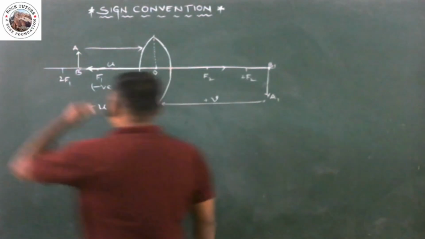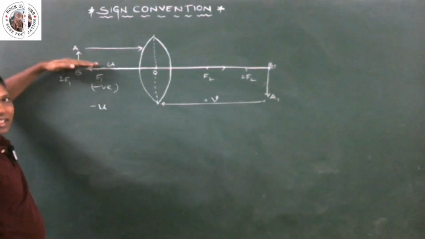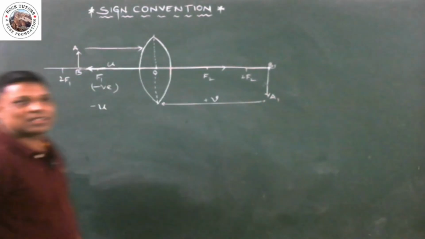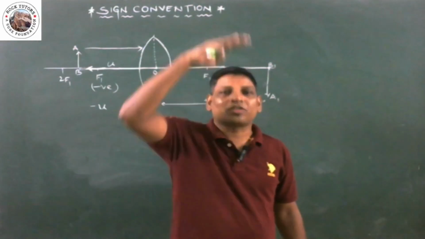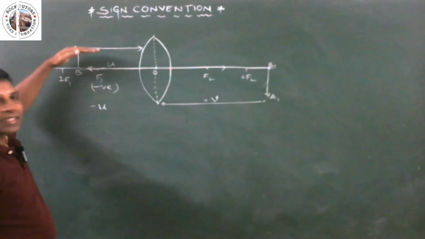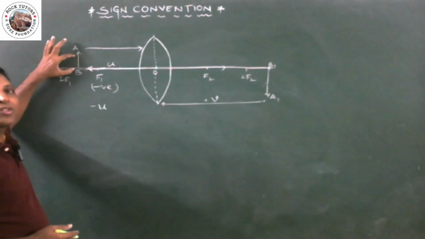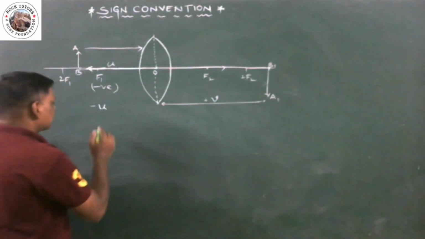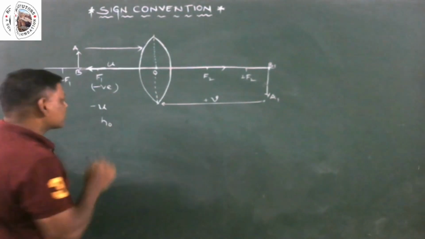Here this is above the principal axis, meaning above the x-axis, which is always positive. So above the principal axis I will take it as positive. I will take this as HO, the height of the object. The size of the object HO is positive.